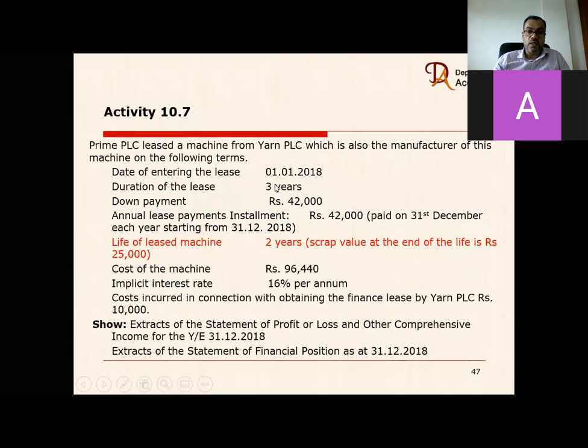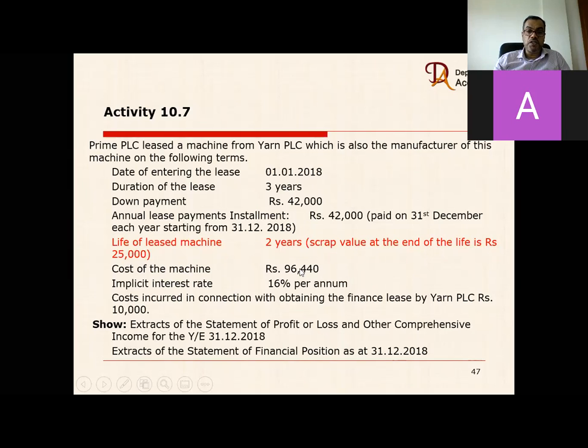Then 42 into 3 is 126, plus this 42, altogether 168,000 would be your gross investment. Life of the leased machine is 2 years. Useful life is 2. Scrap value at the end of the life is 25. That is the unguaranteed residual value.